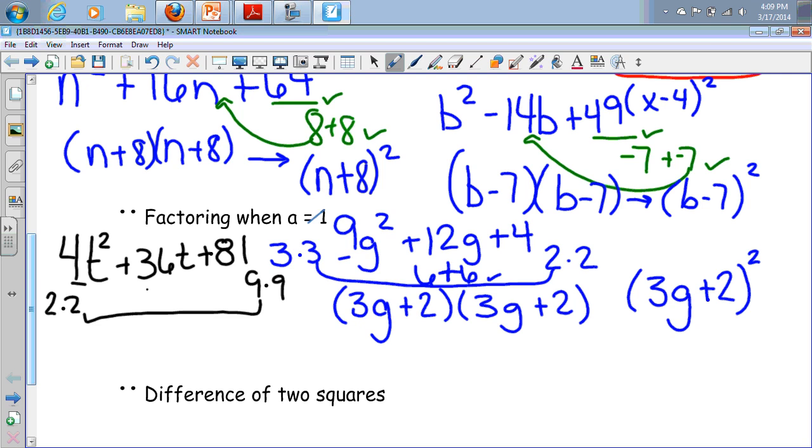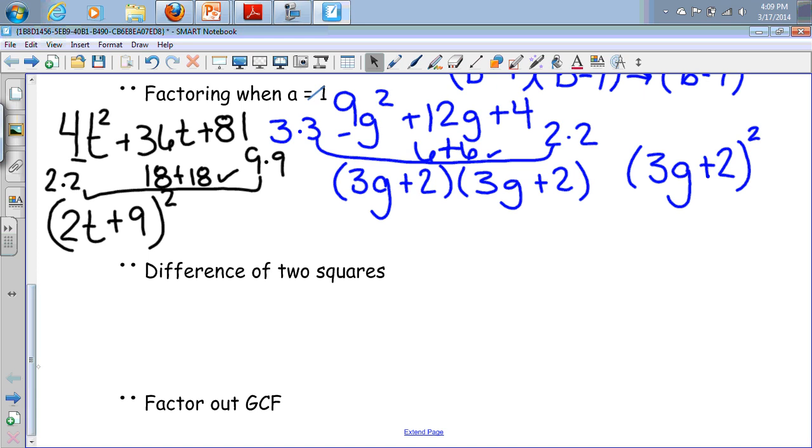What's 9 times 2? 18. Is 18 plus 18 36? Check. So I've got 2t plus 9 squared.